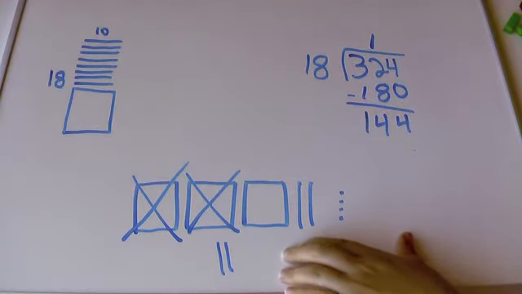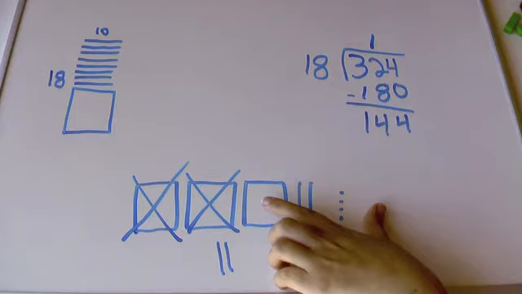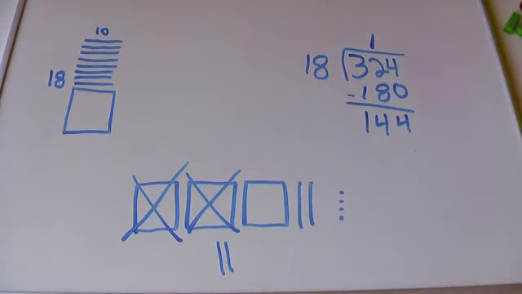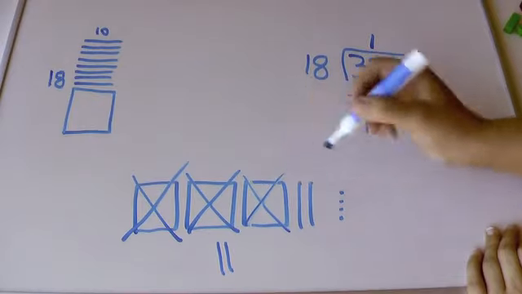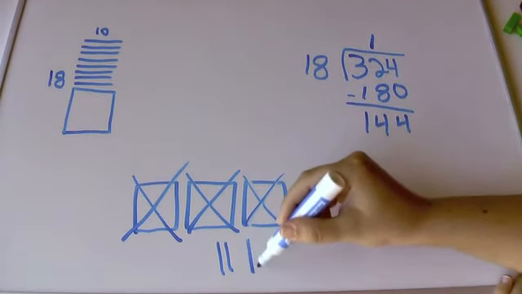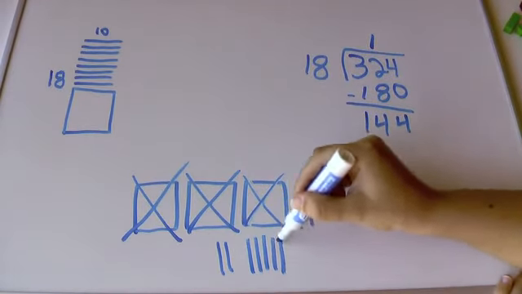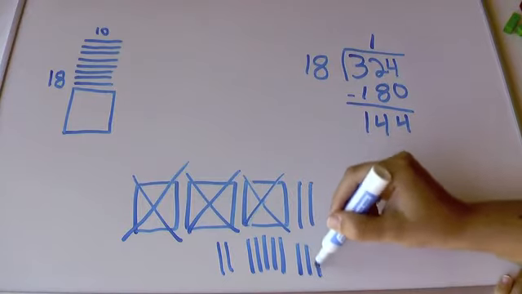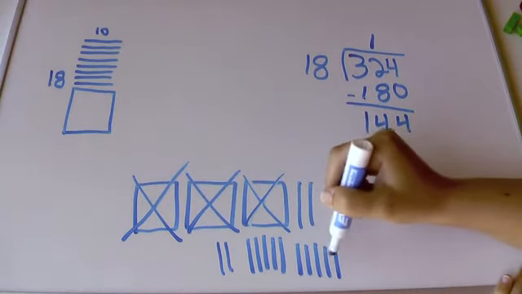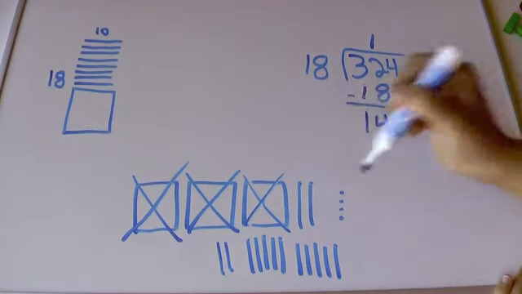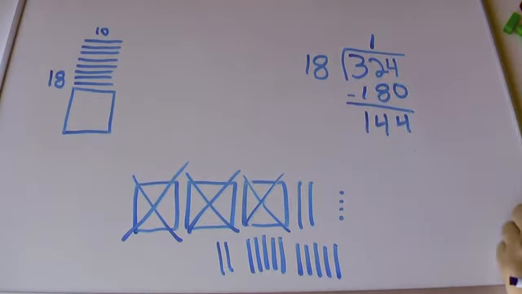So first thing I'm going to need to do is make this 100 into 10 tens. Cross that off. I'll do 1, 2, 3, 4, 5, 6, 7, 8, 9, 10. So I have 10, 11, 12, 13, 14 tens there. So here's where I start kind of using my guessing and estimating and problem solving skills.